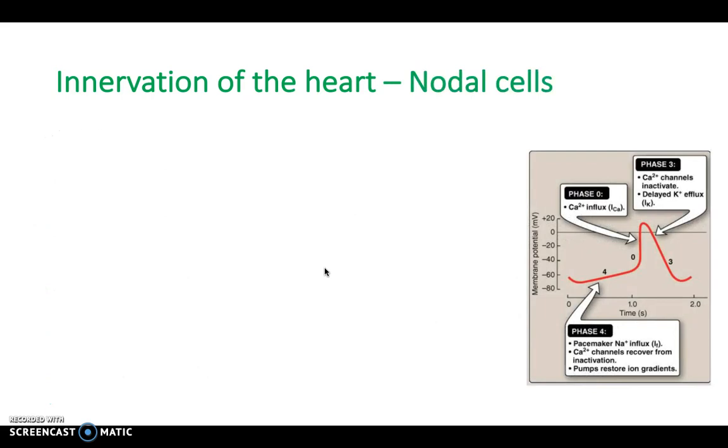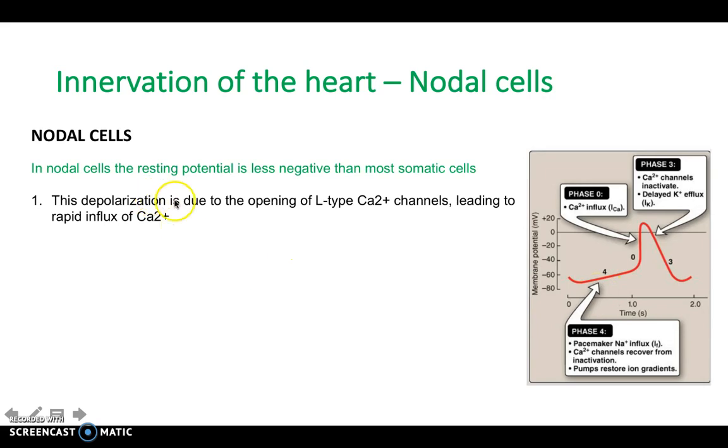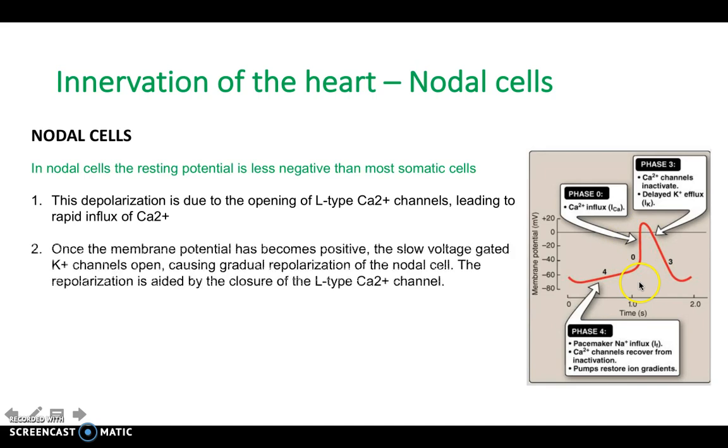So first of all, nodal cells. In nodal cells, the resting potential is less negative than most somatic cells. So you can see the resting potential here is around -60, -70. This depolarization is due to the opening, as we've already said, of L-type calcium channels, which leads to a rapid influx of calcium here in this stage 0.